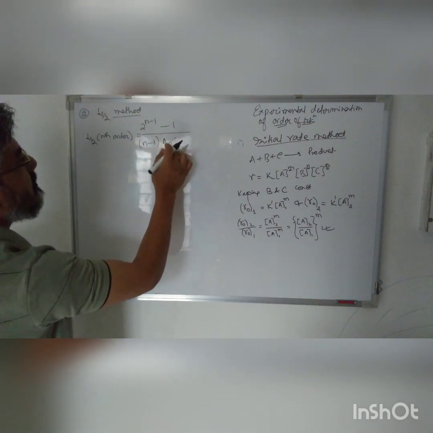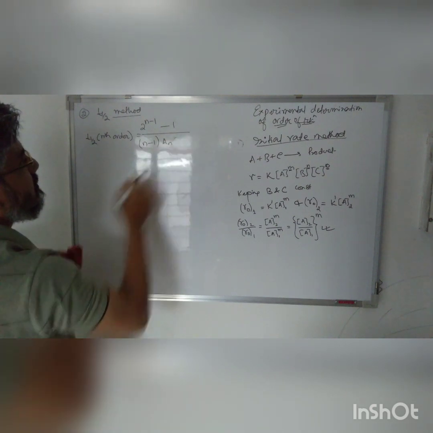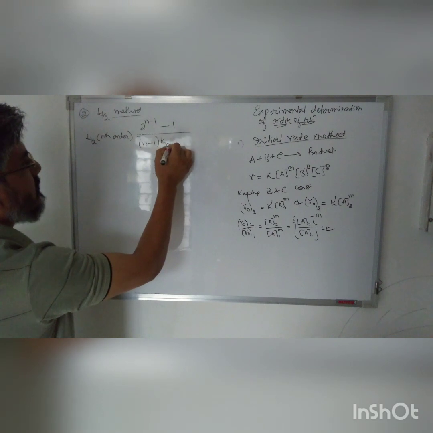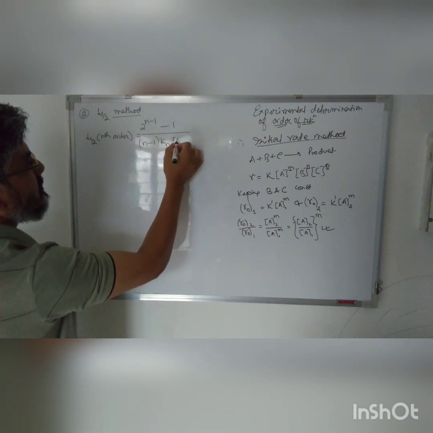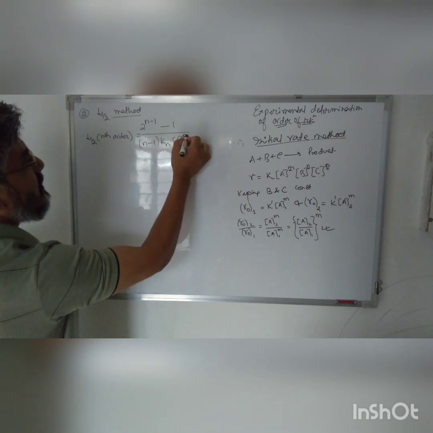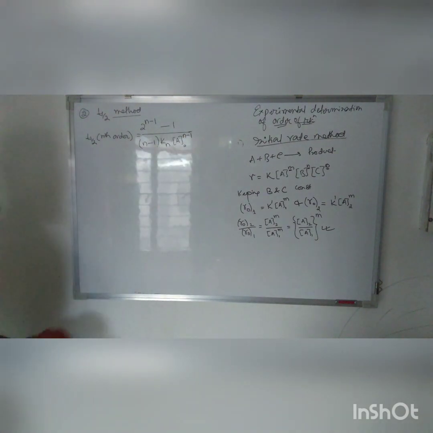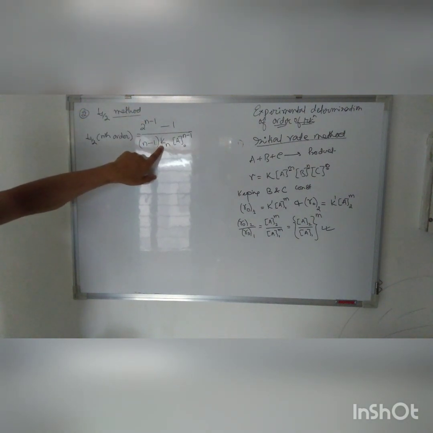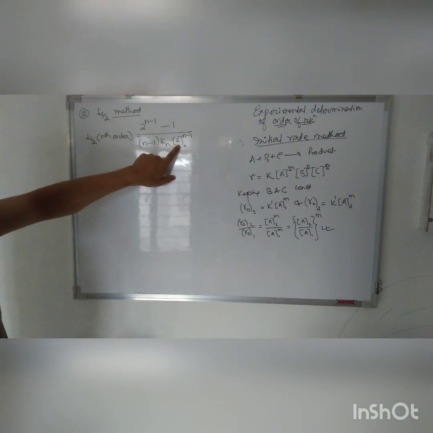times k, which is the rate constant K for nth order reaction, and the initial concentration of the reactant A naught raised to n minus 1, where n is the order of reaction. This is the rate constant K, this is the initial concentration of the substance.